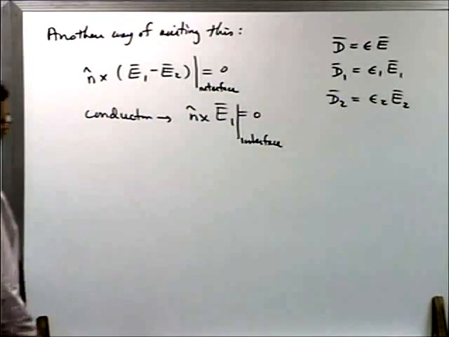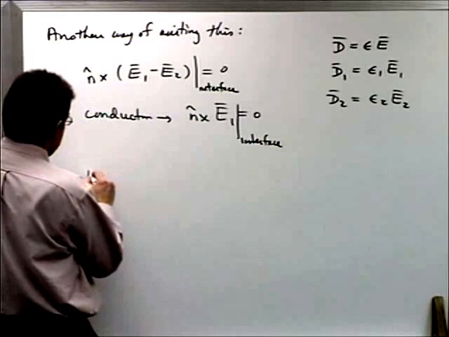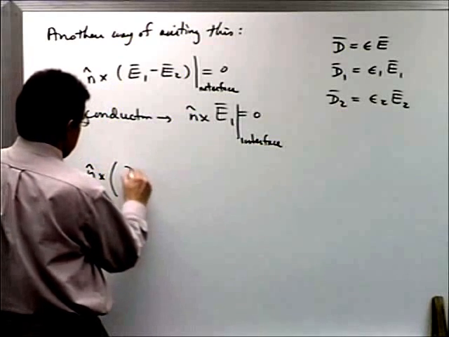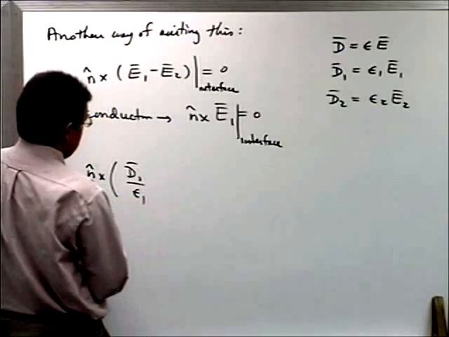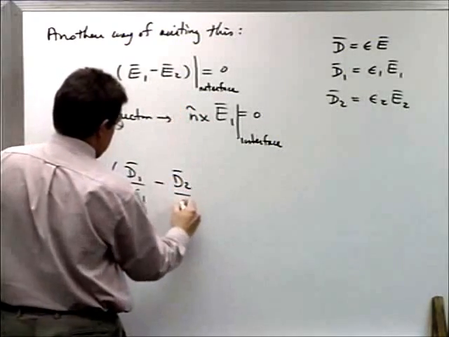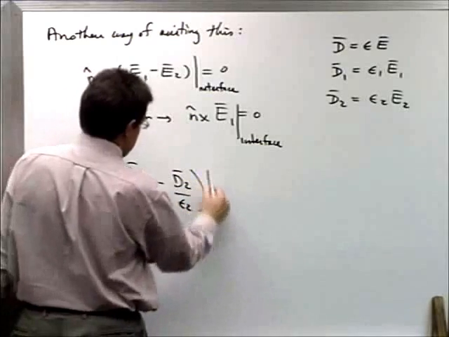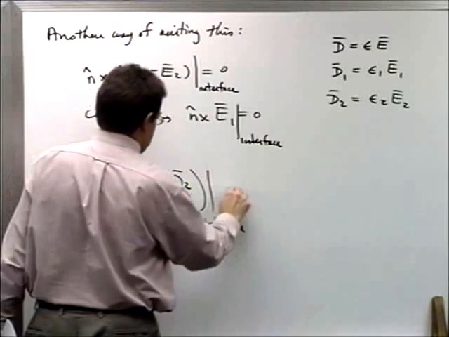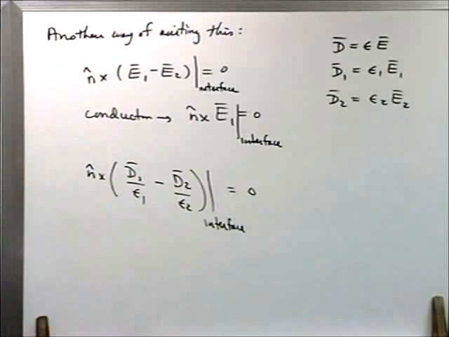So if we make that substitution, then this says that n cross E1 is actually D1 divided by epsilon 1, and E2 becomes D2 divided by epsilon 2, and that n cross that difference has to be 0.